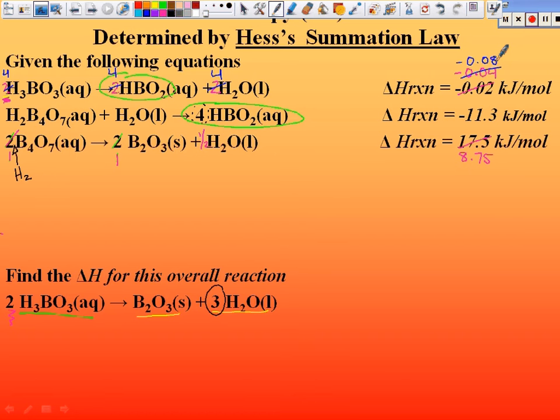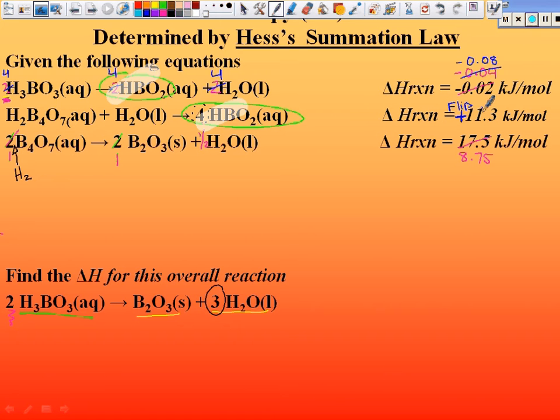Now, can we cancel out that H3BO3? Yep. All right. So now we can cancel this. We can cancel this. But what do we have to do to this middle step? We had to flip it. So if you flip the reaction, what do you do? Flip that sign. You with me?